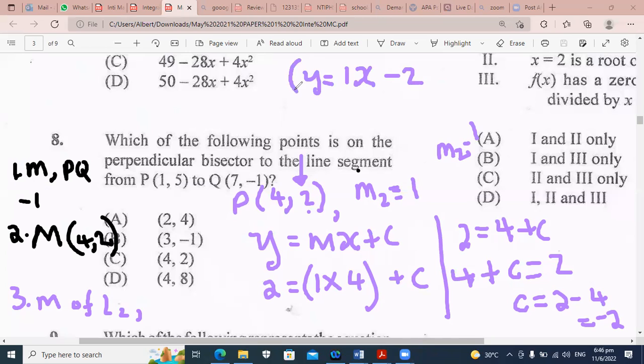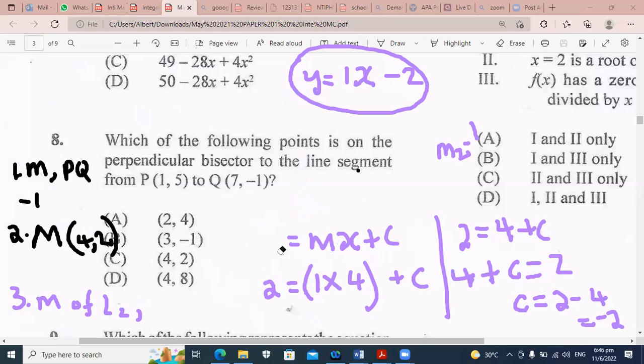So ladies and gentlemen, this is the equation of the perpendicular bisector. All right. Boy, what a wicked question. But then now, we're not done. We have one last thing to do. So much to do to get to the answer.